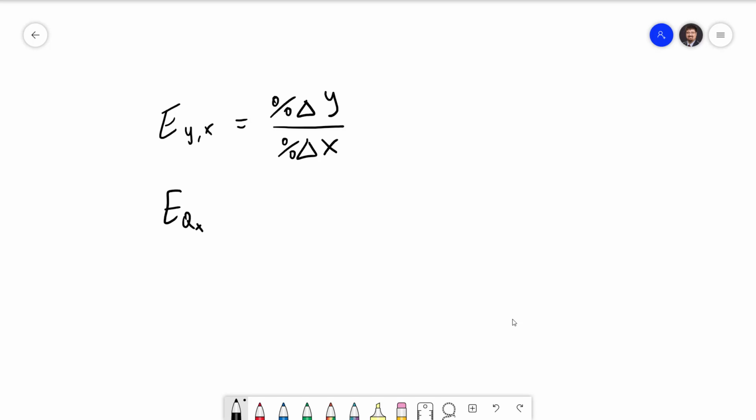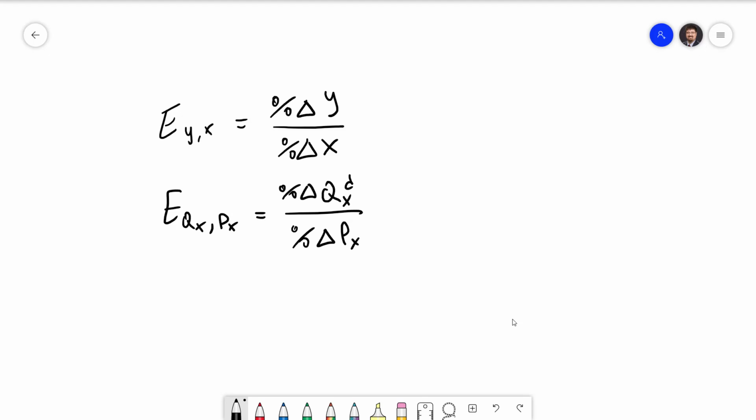Mathematically, we write that as the percentage change in the quantity demanded divided by the percentage change in the price. Once we divide this out, this is going to tell us what is the percent change in quantity that results from a 1% change in the price.